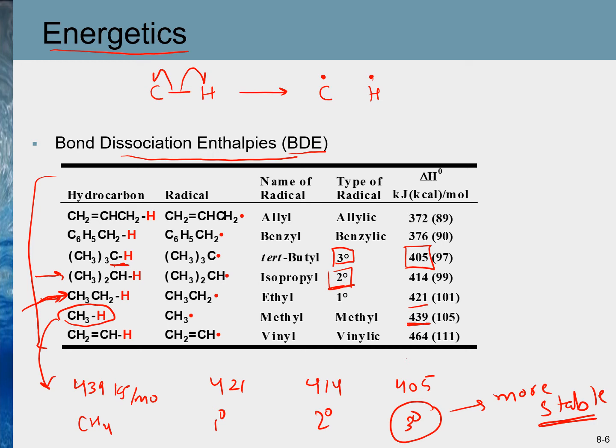So therefore we can say that the methyl radical, which is the product of dissociation of primary carbon, is less stable, and the product of tertiary is a tertiary radical. These are called radicals because they have one free electron.